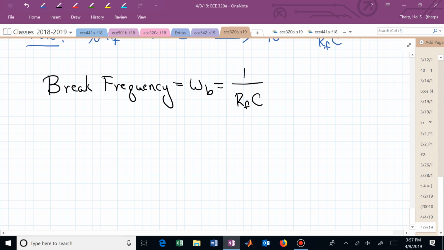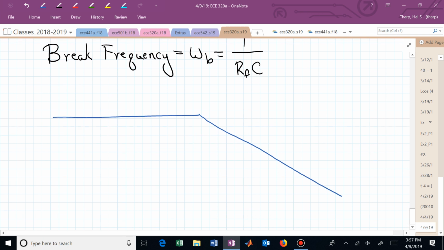Or we can now quickly sketch, if we didn't have MATLAB available. We had a long discussion about the beauty of MATLAB before class, so I'm trying to plug it, I guess, or enhance that discussion. This is what our low-pass filter looks like.